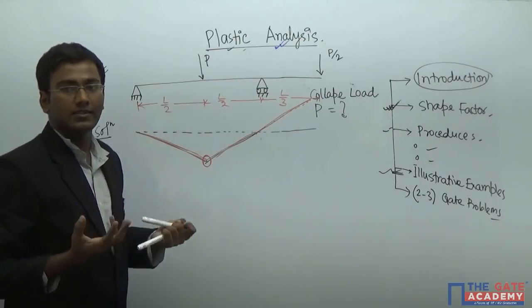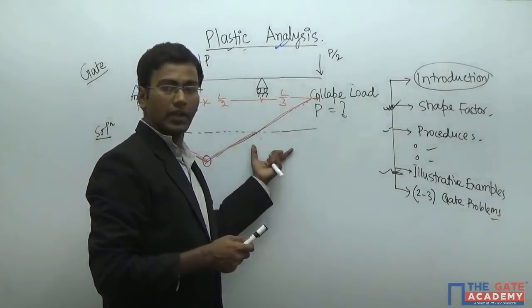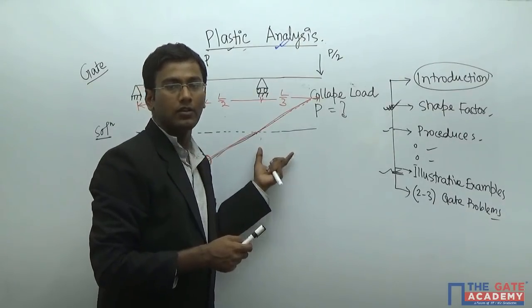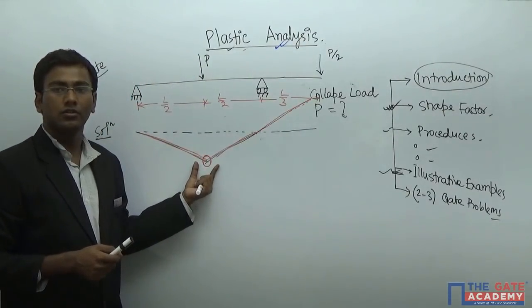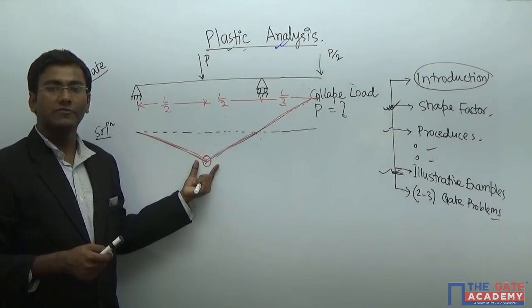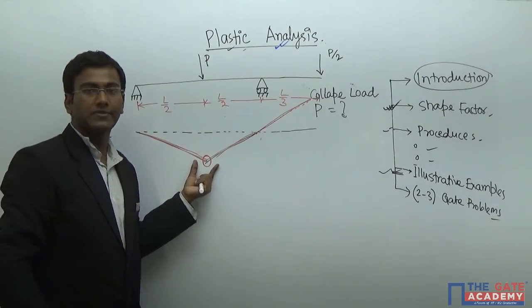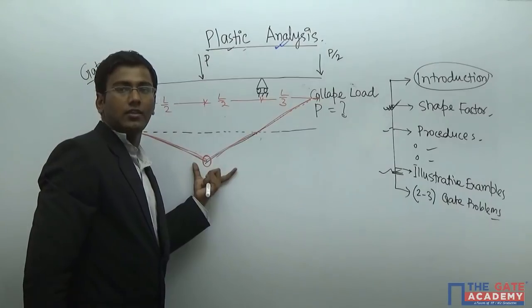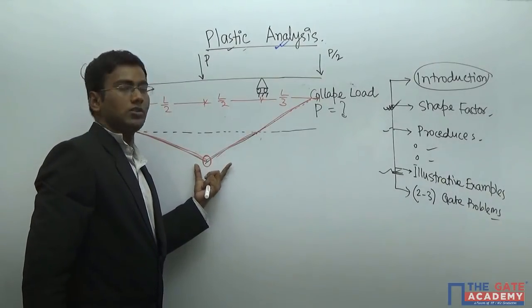This is a simple case. Just try to think in this simple way. What will be the deflected shape when there is a hinge? You have gone through influence line diagrams and deflected shapes, so here I think you can also use the concepts of the deflected shape.